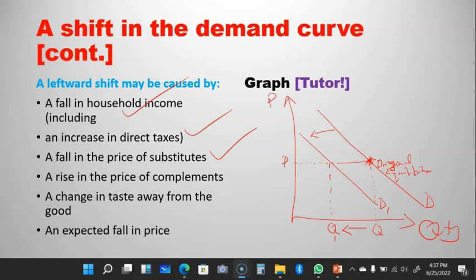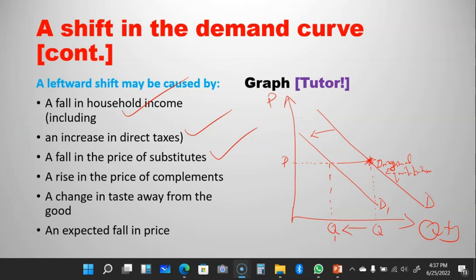So if the substitute price has fallen, then this other product is not going to be bought, as customers would race for a cheaper substitute. So this would also lead to a leftward shift in the demand curve.